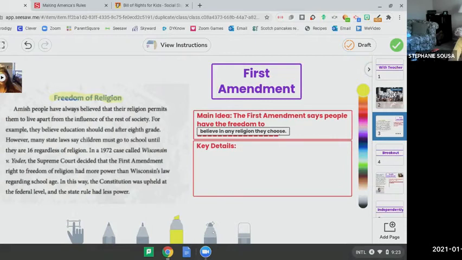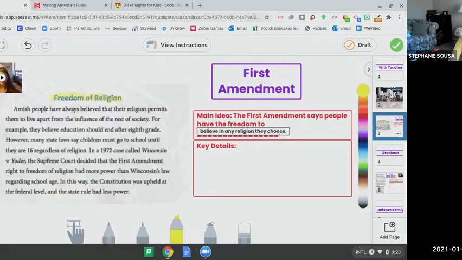Amish people have always believed that their religion permits them to live apart from the influence of the rest of society. For example, they believe education should end after 8th grade. However, many state laws say children must go to school until they are 16, regardless of religion. In a 1972 case called Wisconsin v.